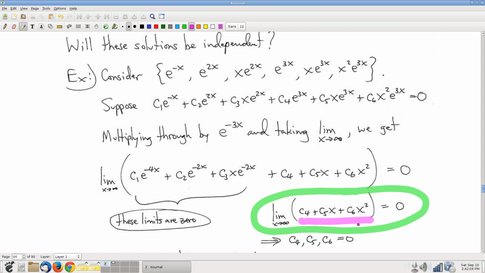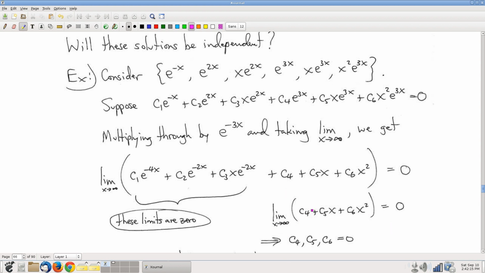And there's only one way that a quadratic polynomial can possibly have a limit equaling 0 as x approaches infinity. The only way that could possibly be is if all 3 of these coefficients here are 0. So therefore, we have shown that that's got to be 0, and that's got to be 0, and that's got to be 0. So we're halfway there.